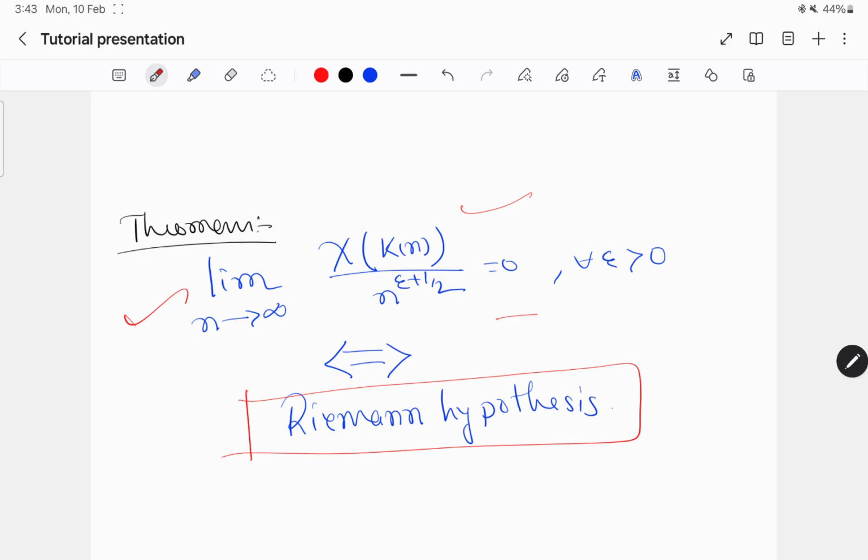That is, if you can prove that this limit is true for all positive epsilon, then you actually prove the Riemann hypothesis to be true. And therefore this seemingly innocent looking Euler characteristic has deep mystery surrounding it. Okay, thank you so much.